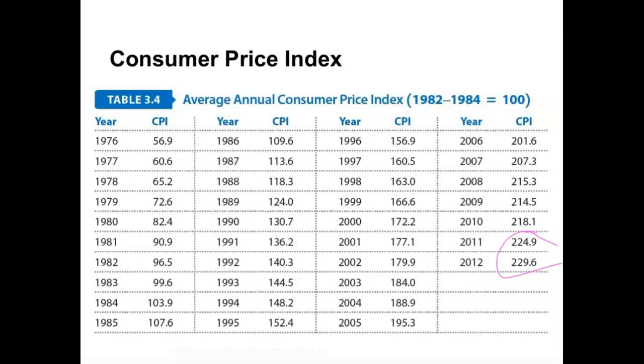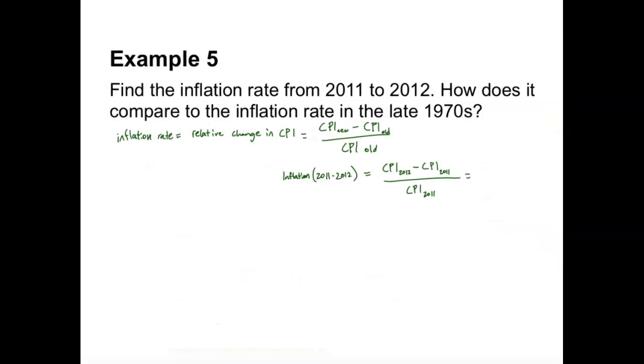So there we go. 2012 is 229.6, 2011 is 224.9. So I'll just do 229.6 minus 224.9 divided by 224.9. Remember, in your calculator, that numerator, you can do that all at once, but you need to put that numerator in a set of parentheses.